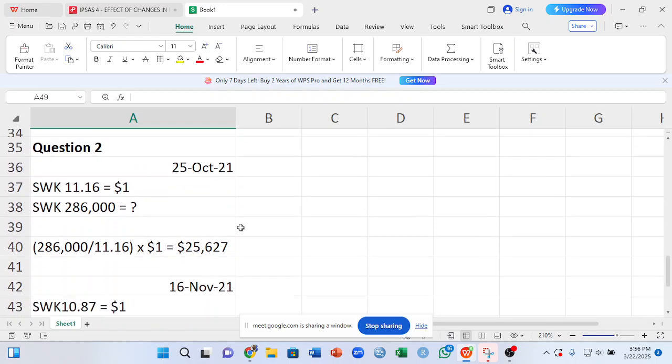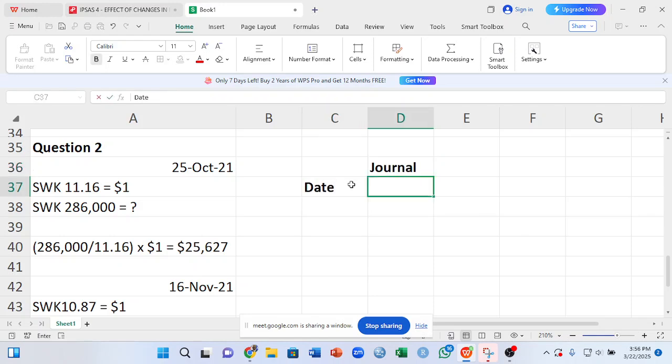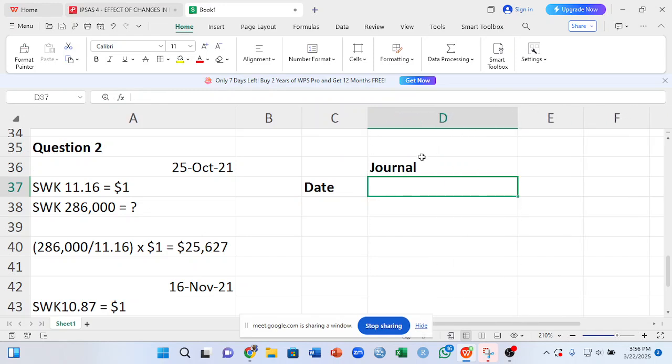Then the double entry. Let's do the double entry from the beginning. Let me bring our dates first, then the details, debit, credit.